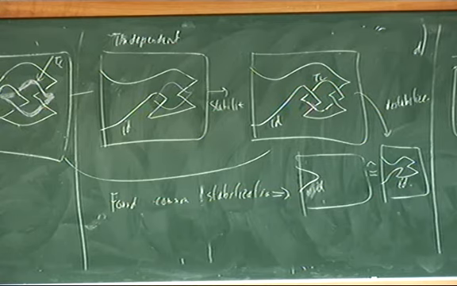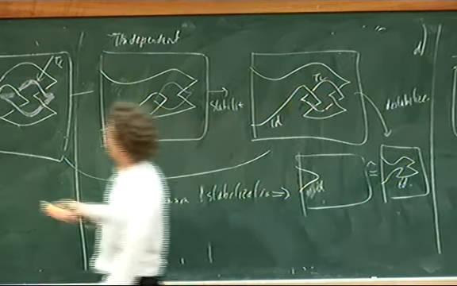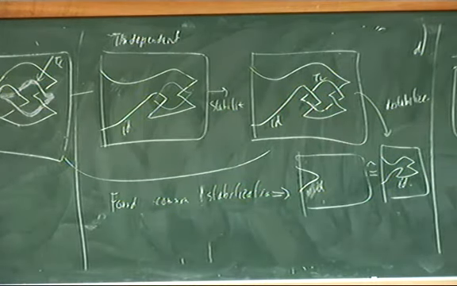Okay, so here it's still the identity, and here we have a Dehn twist. And now we perform again a handle slide, and you see that we're almost done.